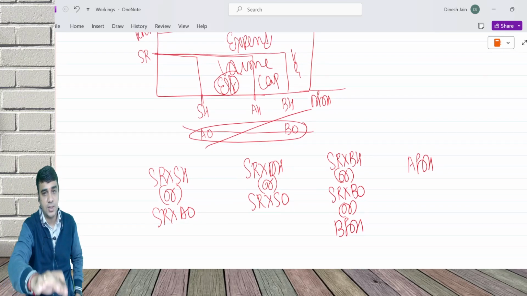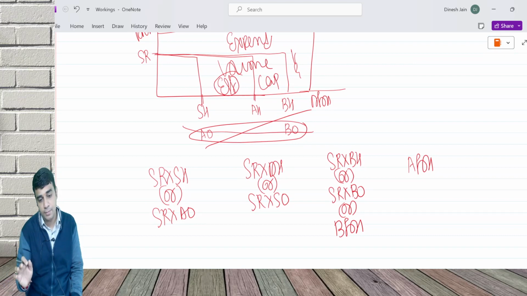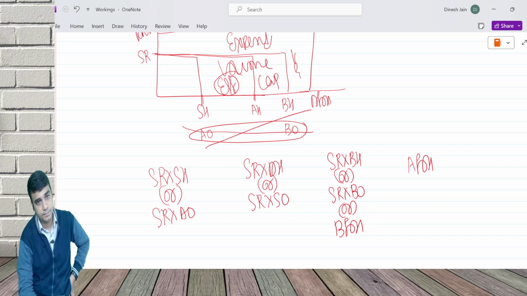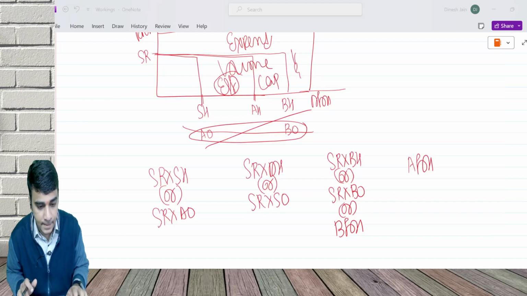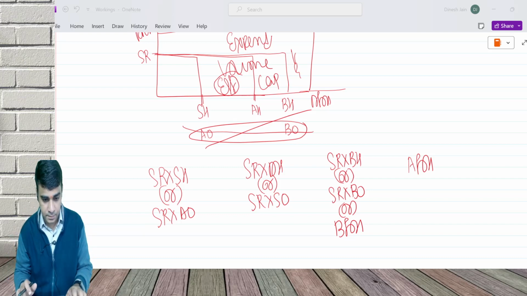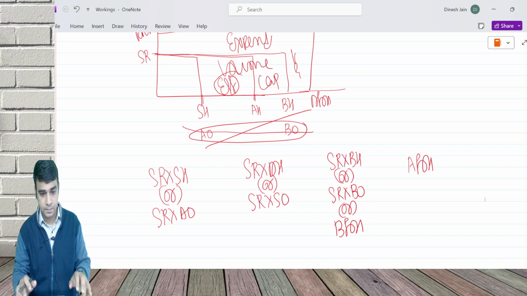Just write this with the conversion: SR into SH, otherwise called SR into AO; SR into AH, otherwise called SR into SO; BH, BO, BFOH, AFOH. Clear? Can you proceed? Any doubts?